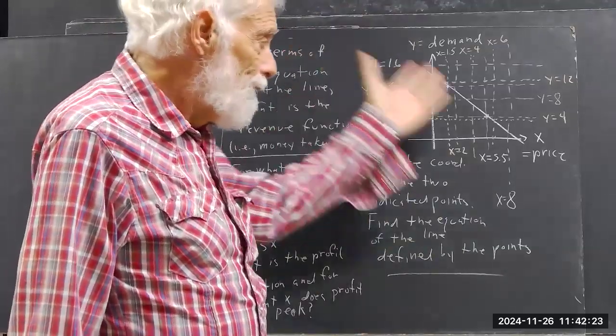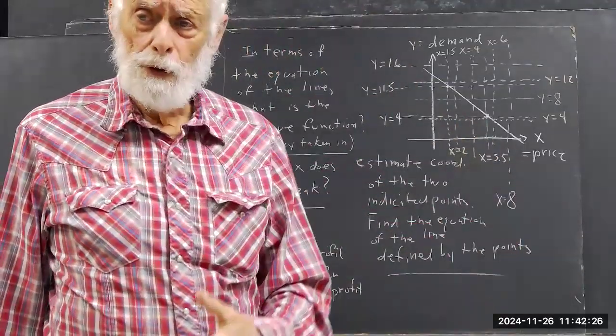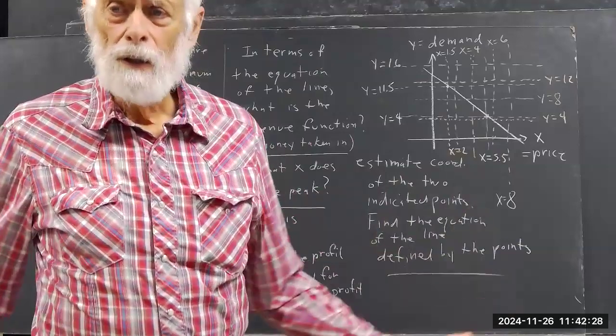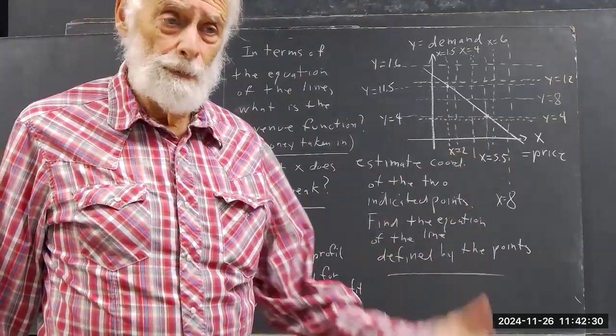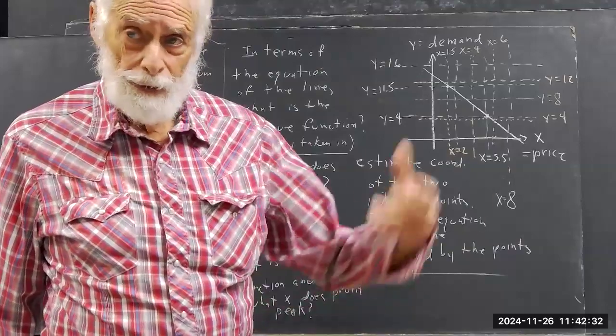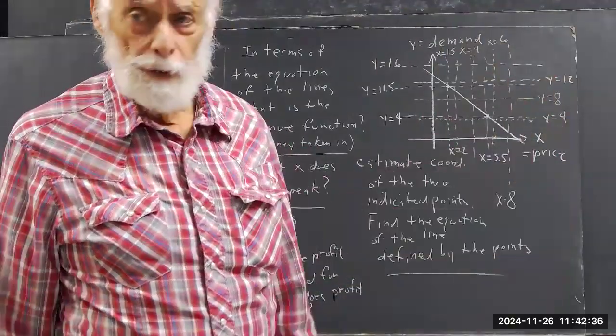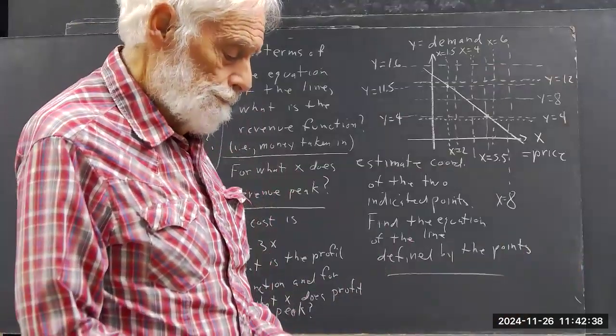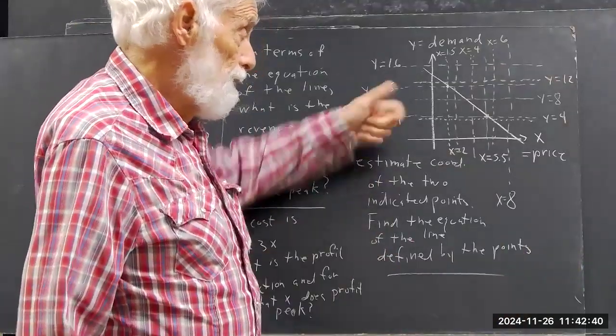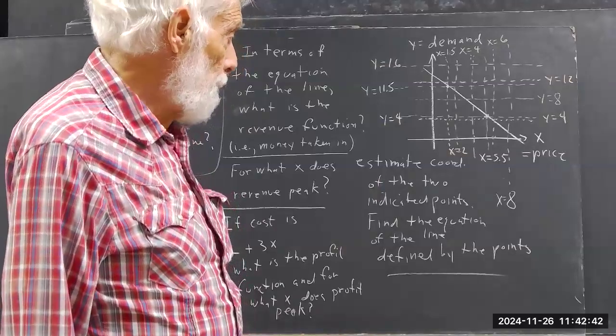Also, the concepts and ideas that we use in analyzing this apply to all kinds of things. They apply to business, to all kinds of sciences, engineering, social research, political science, all kinds of things.